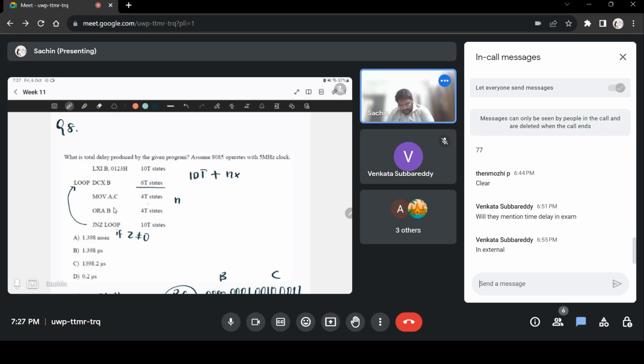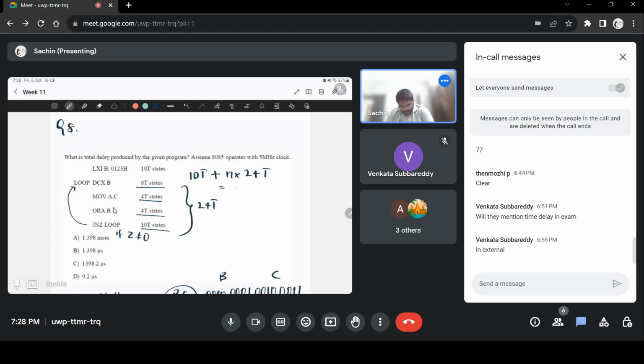This statement takes 6 states, this takes 4, this takes 4, this takes 10. So this total thing will take 24 T states. So if this happens n times, then the number of cycles will be this much.